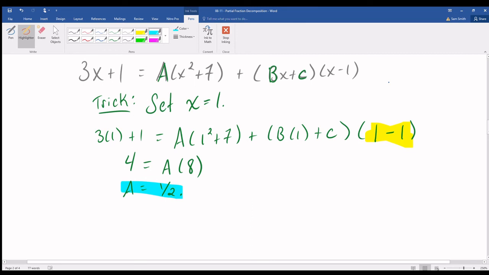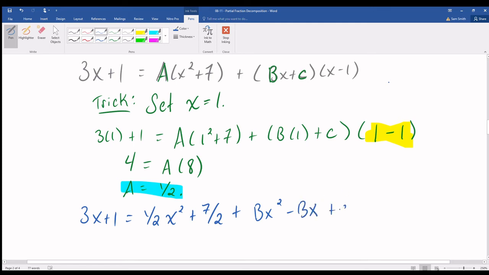So at this point, I will go back into the function and start to distribute things. I now know that a is in fact 1/2. So instead of writing a times x squared, I will go ahead and write 1/2 times x squared. And instead of writing a times 7, I will go ahead and write 7/2. I'll do a distribution in the back as well. bx times x is bx squared. bx times -1, c times x, and c times -1.